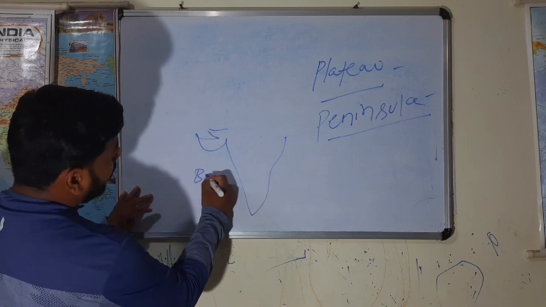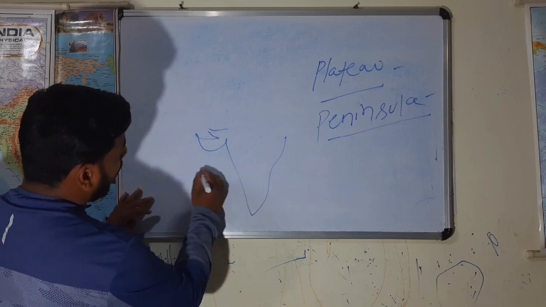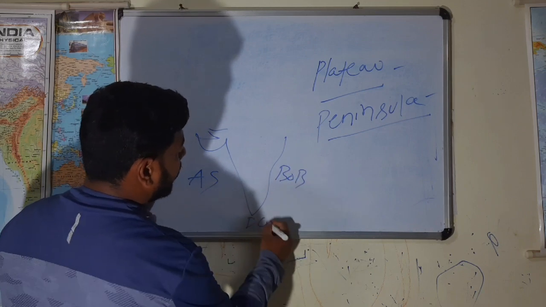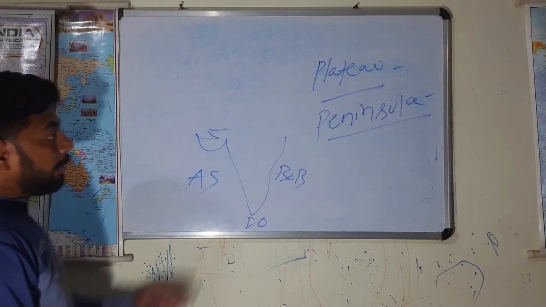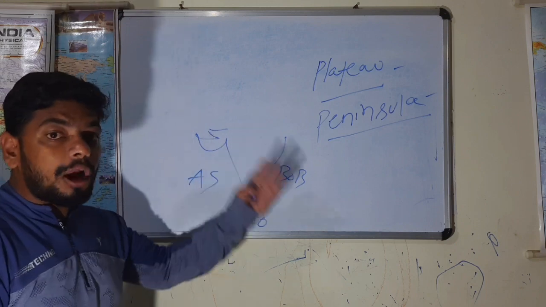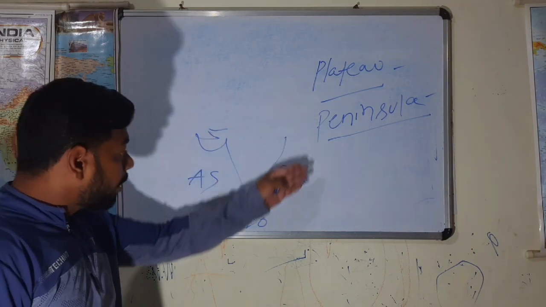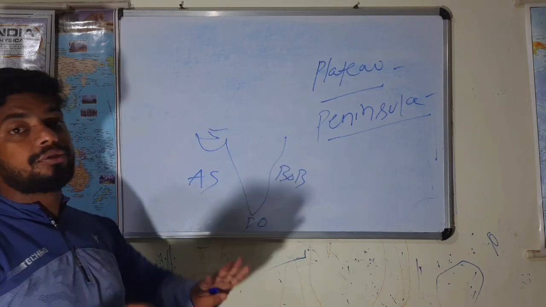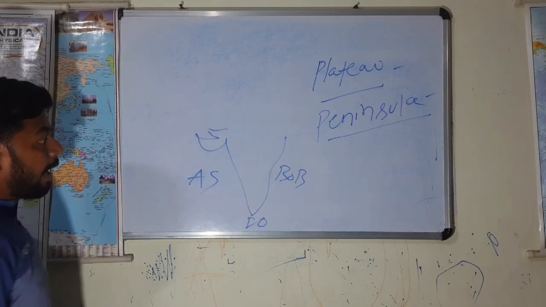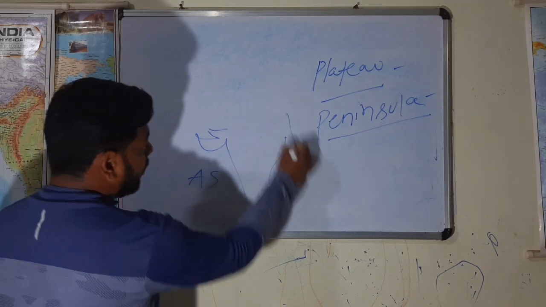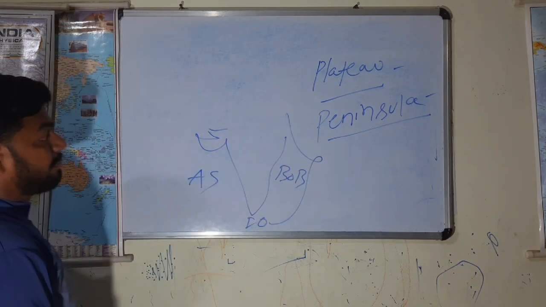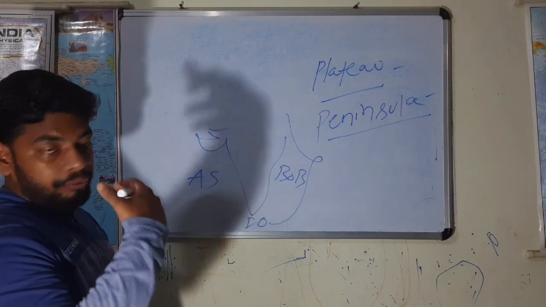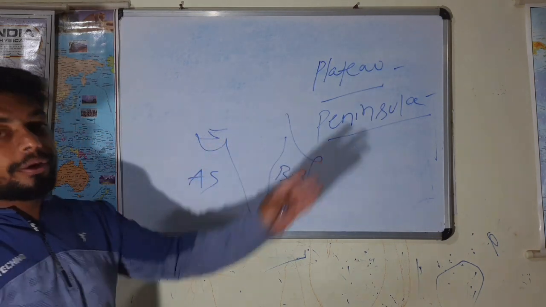Here the Bay of Bengal, here the Arabian Sea, and the Indian Ocean. So a region which is surrounded by water on three sides is called a peninsula. This part of India is mainly called a peninsula. Here plateaus are there, so we will say the peninsular plateau.